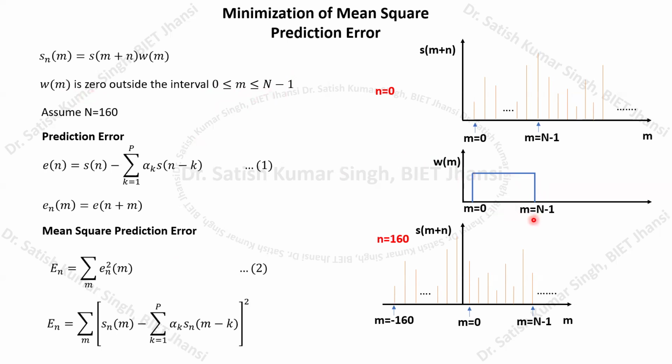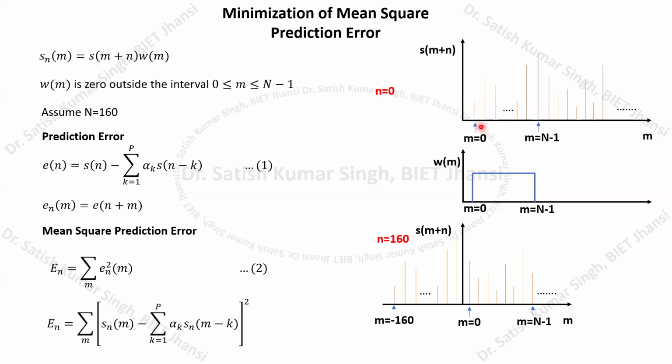Now consider this is our speech sequence, s(m plus n). Here m denotes the sample index. First, I am considering the case when n equals 0. In that case, this will be our s(m), the same as s(m).